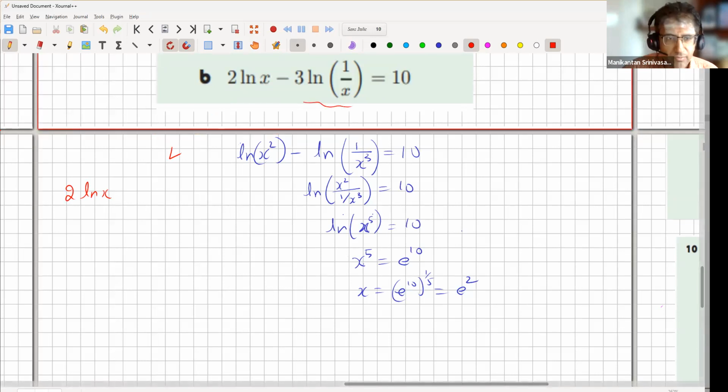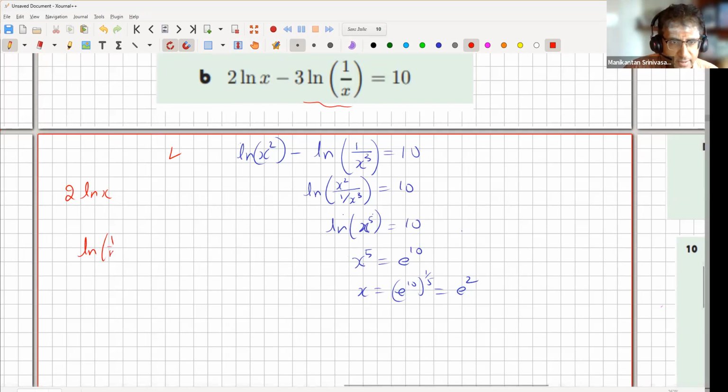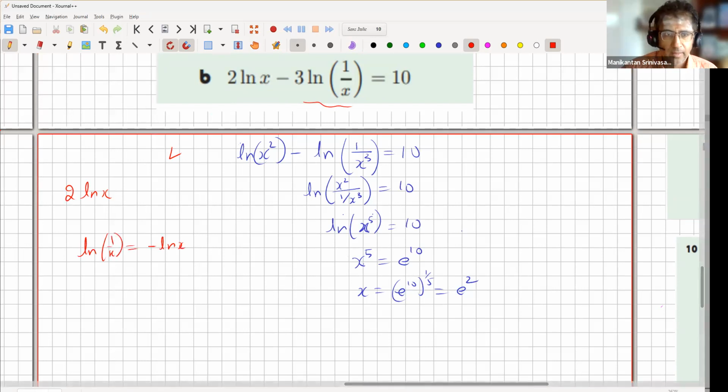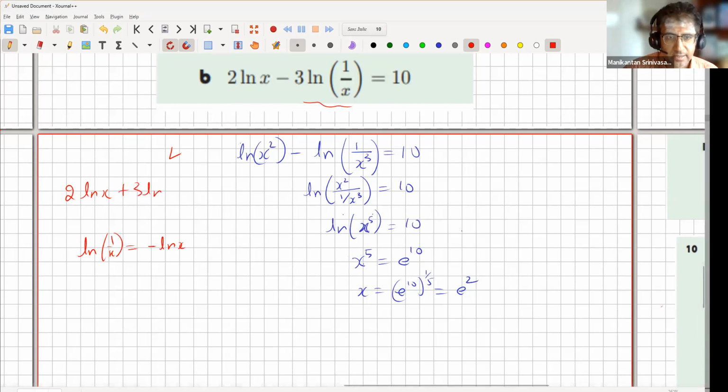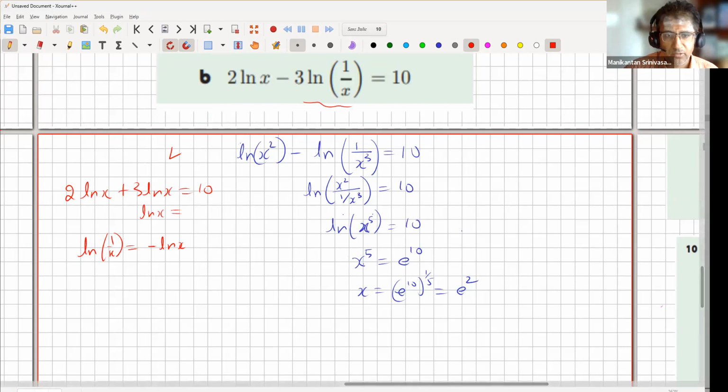Ln of 1 over x is nothing but minus ln of x. Therefore, this is just plus 3 ln x equal to 10. Therefore, 5 ln x is 10. Therefore, ln x is 10 upon 5, which is 2. And therefore, x is e square directly. What you did is also right, except that it's slightly complicated, right?